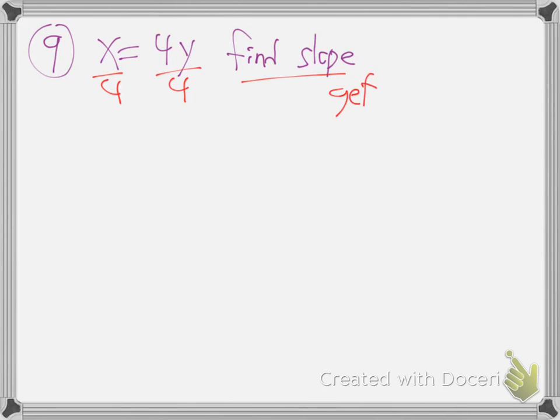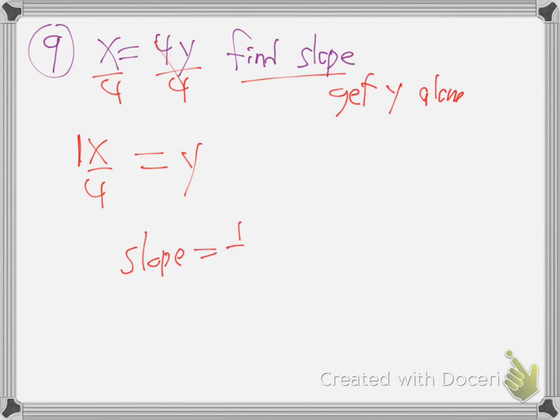Find the slope. Get y alone, so boom. X over 4. So what's the slope going to be? Good. We good with that? So it's not just 4, is it? The slope, there's an invisible 1 on the top, huh? So the slope is 1/4.